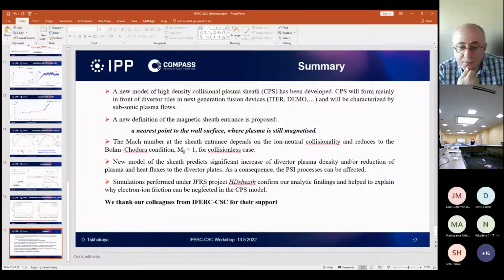From the simulation point of view, this project is closed, so we do not continue the simulations, at least under IFERC. Unfortunately, the paper is still pending because we switched to new simulations that require much more time than we expected. Anyway, thank you very much, and I'm ready to answer your questions if you have them.